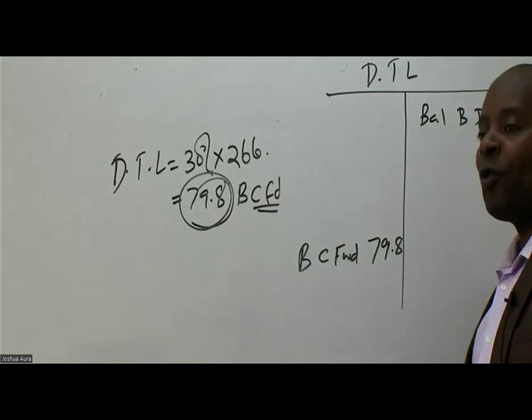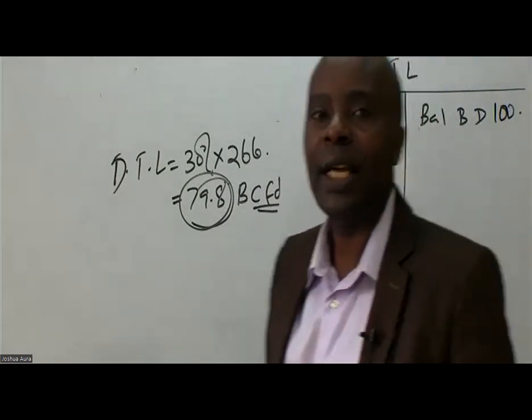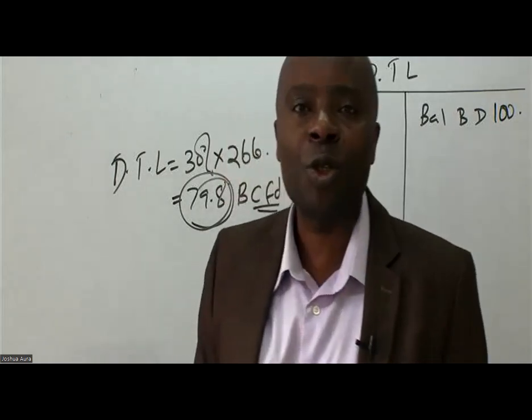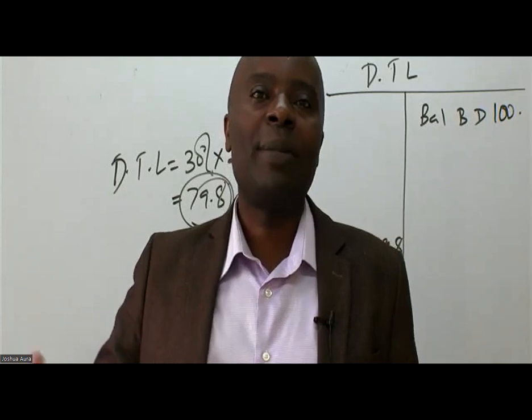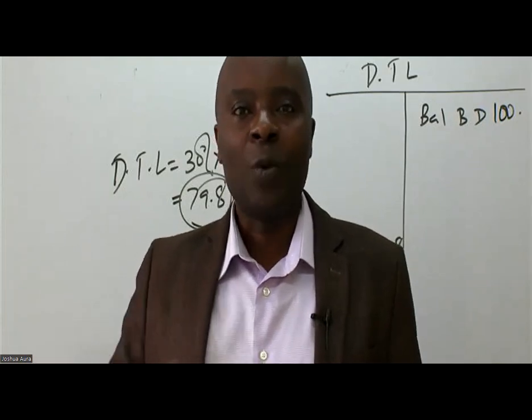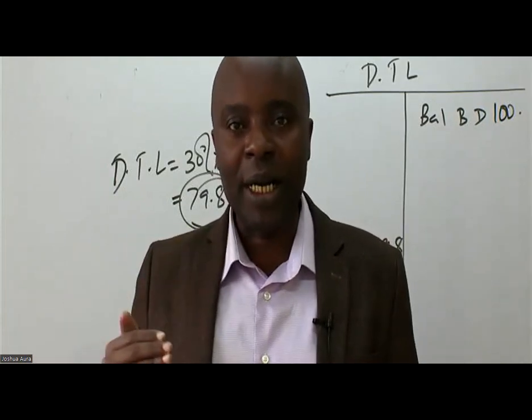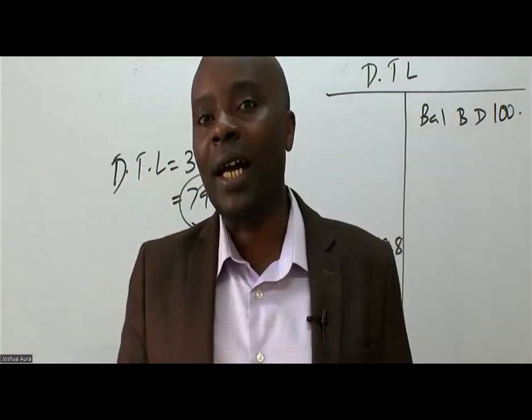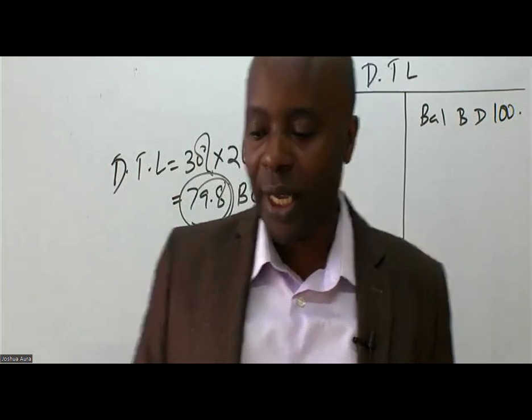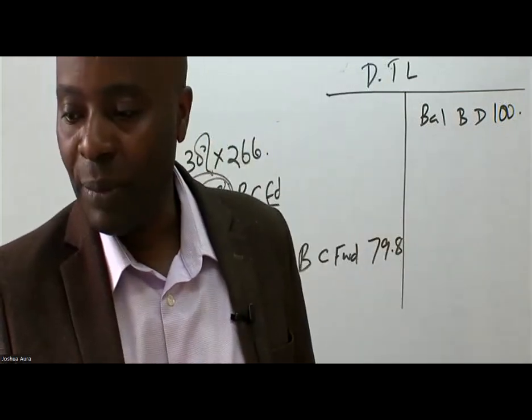And then now you look for any information as regards revaluations of your long-term assets. Whenever you revalue long-term assets, there must be a direct impact on this DTL account. Like now here, ladies and gentlemen, they gave us something very important.